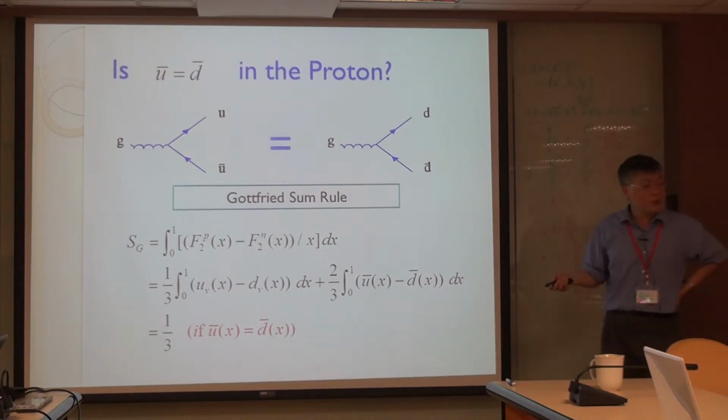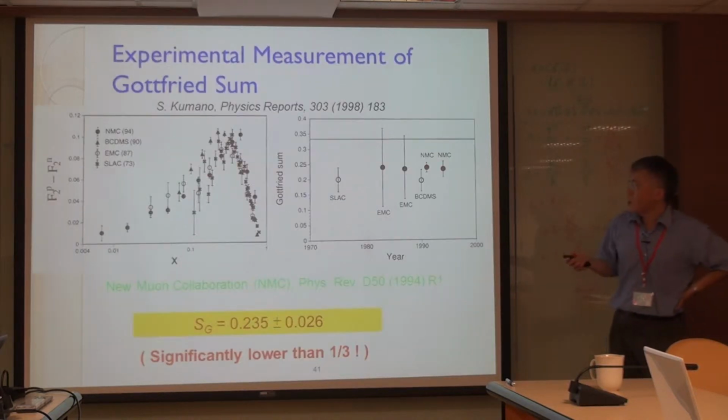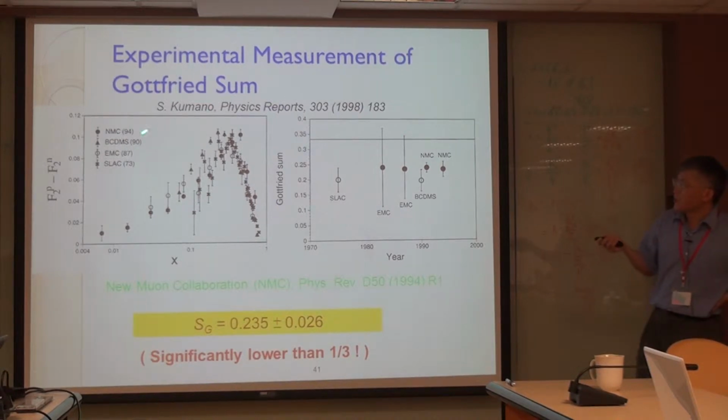And experimentally we can check this. Okay, so this is how the various DIS experiments perform, and then experimentally you can measure the difference of this structure function as a function of x. Then you perform this integration, and this shows you the integral here.